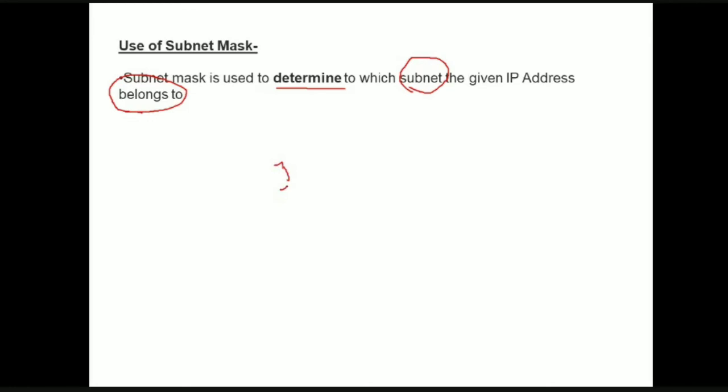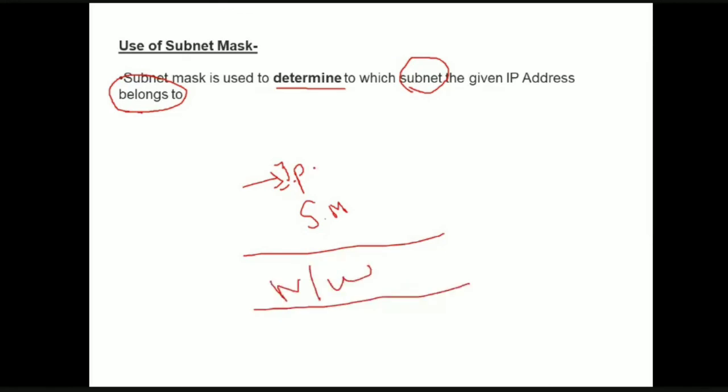Let us say we have been given an IP address and we have the subnet mask also. When we have this IP address and subnet mask, we can identify to which network this IP address belongs using the subnet mask. This is the main reason why we use the subnet mask.